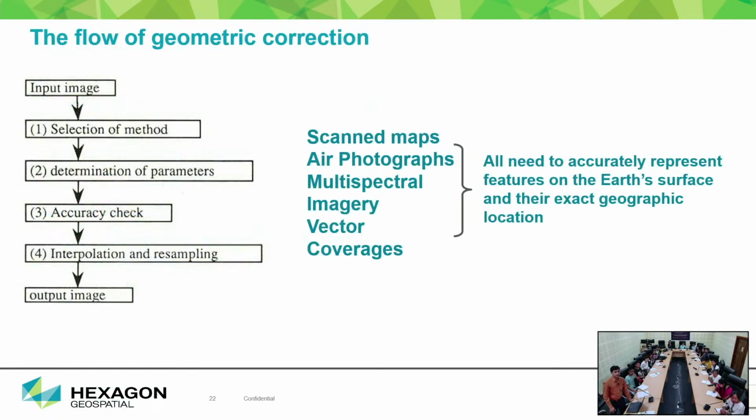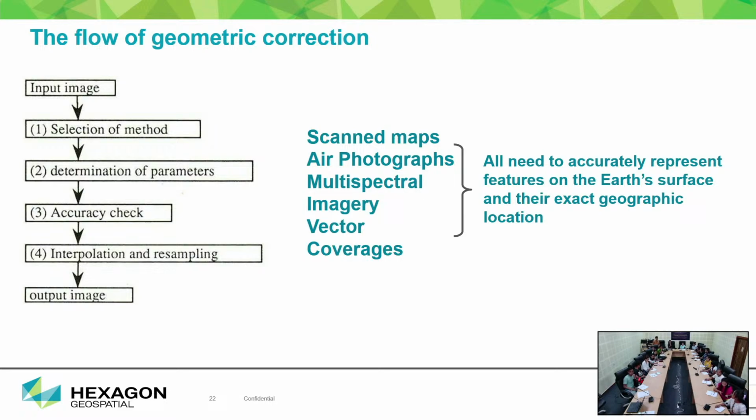If you have any kind of scanned maps, air photographs, multispectral imagery, or vector coverage, then these need to be corrected, with geometric, atmospheric, and radiometric correction done. One thing I want to mention: if you download data from USGS Earth Explorer and Sentinel-2, you can see there are levels of data: level 1, level 2, level 3, and this labeling has specific information.